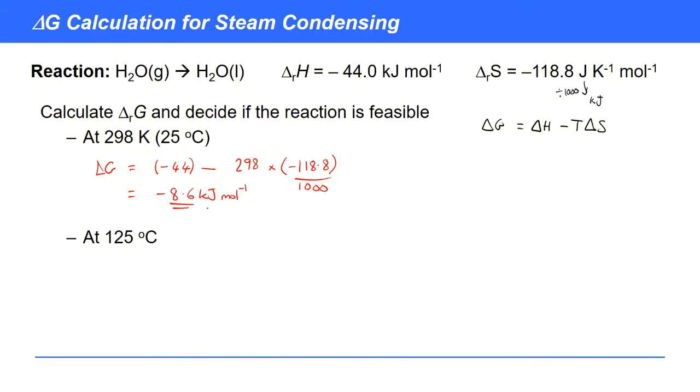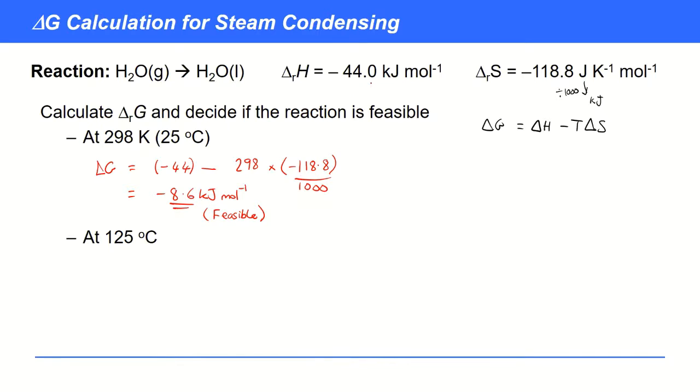So we would say here that we've got a feasible reaction at 25 degrees C. Now, just a couple of pointers. I'm using, in this case, a 1 decimal place answer, because I've got 1 decimal place values here. Once this is divided by 1,000, it's going to be 4 decimal places.